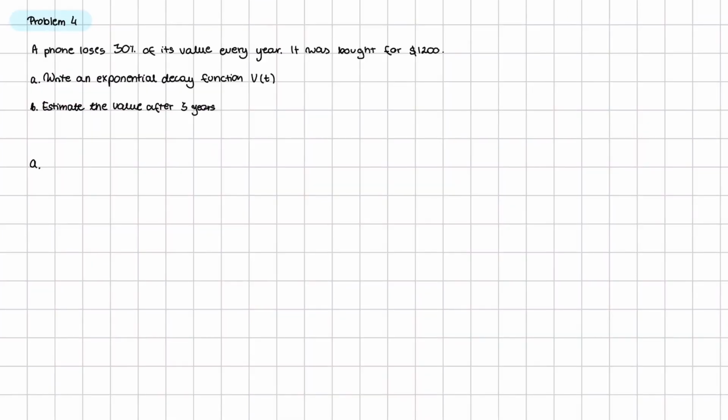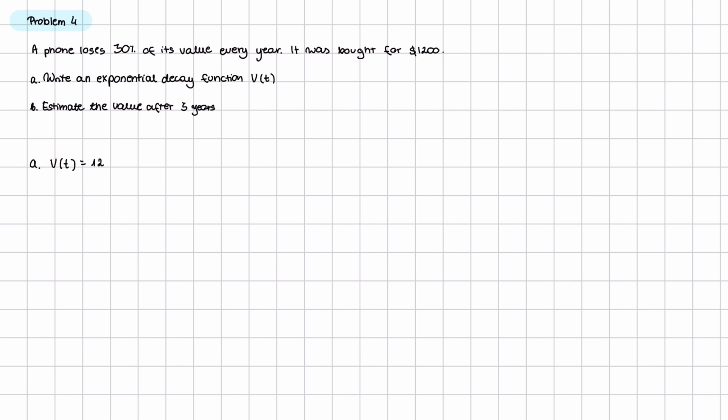Problem number 4. A phone loses 30% of its value every year. It was bought for $1,200. And in A, write an exponential decay function. So we have to write this function. And like in the first problem, we can start with our initial value.